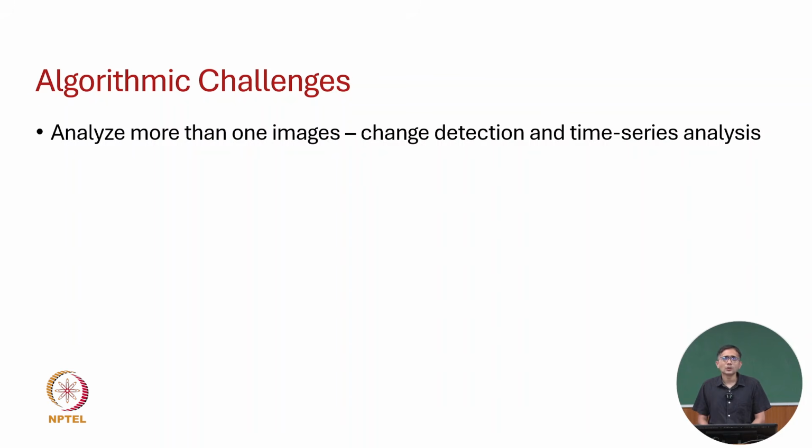We want to do a time series analysis that involves n images. Here we would need to redesign our algorithms that we would have otherwise designed in the context of monotemporal images.